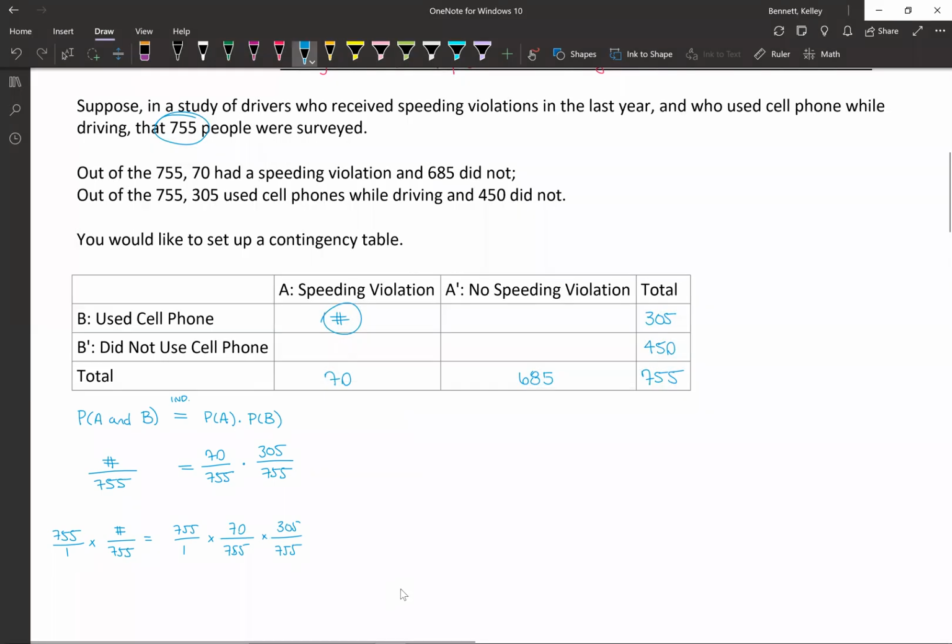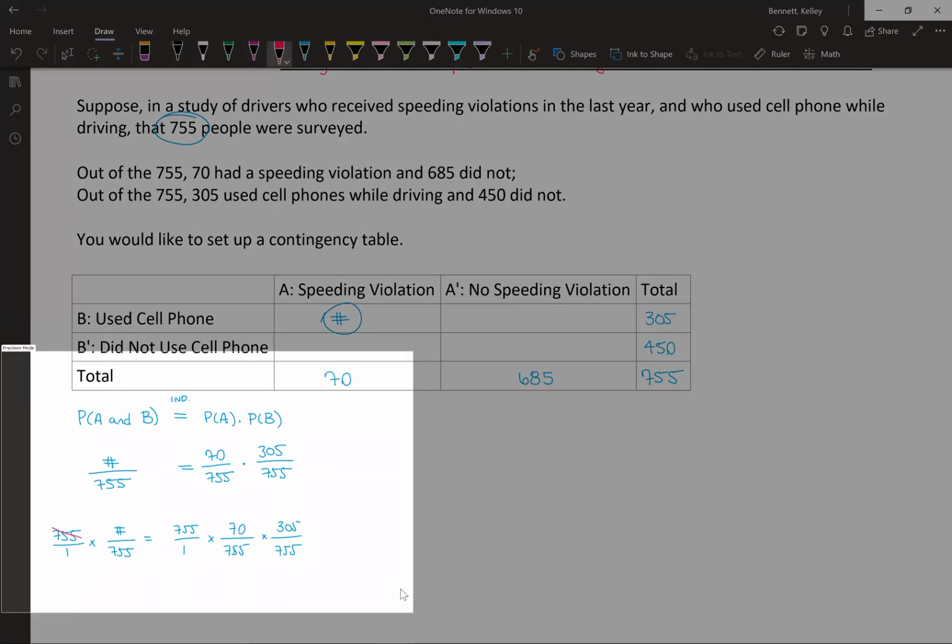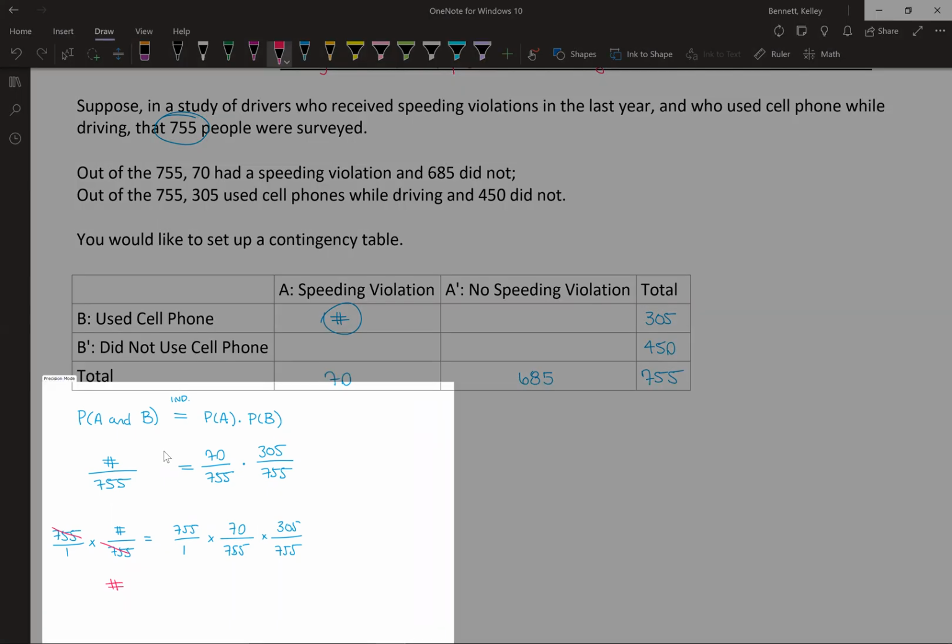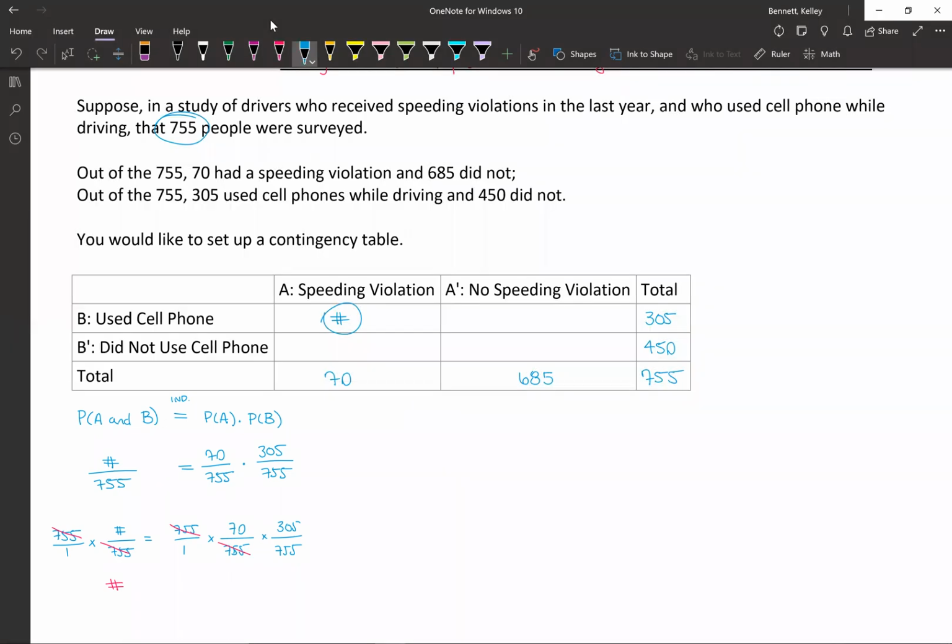And I'll get a nice cancellation on the left, leaving me with just the number for A and B. And then I'm also going to get a good cancellation on the right as well with one of my 755s.